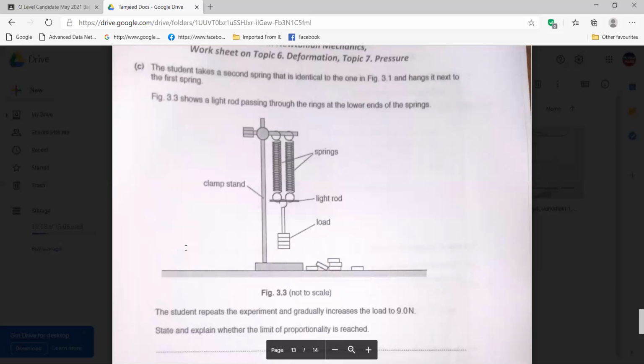How do you comment on it? Will it exceed or not? One minute, sir, I'm writing on it. No, sir, it will not exceed the limit of proportionality. So write it.